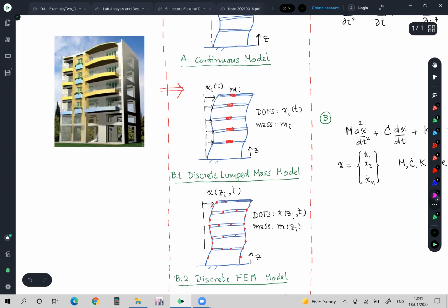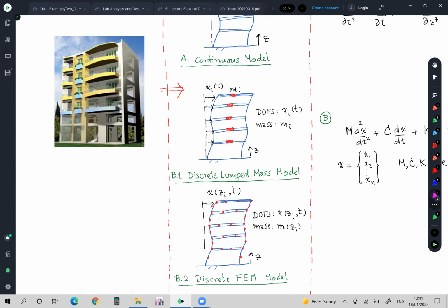The second one is B number 1. With the physical model B number 1, I represent the movement of my building only at a certain floor level.